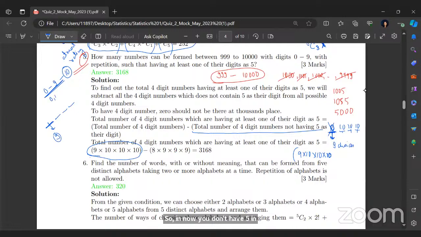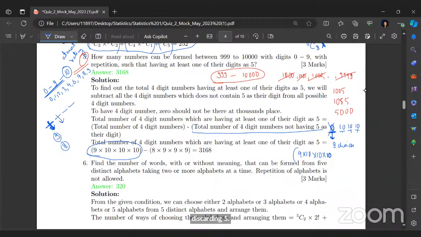You have 0, 1, 2, 3, 4, 6, 7, 8, 9. So you have only 9 digits now, reduced to 9 from 10. So before, when you had 9 choices for the 1000 place, now you have only 8 choices for the 1000 place, because we are discarding 5.